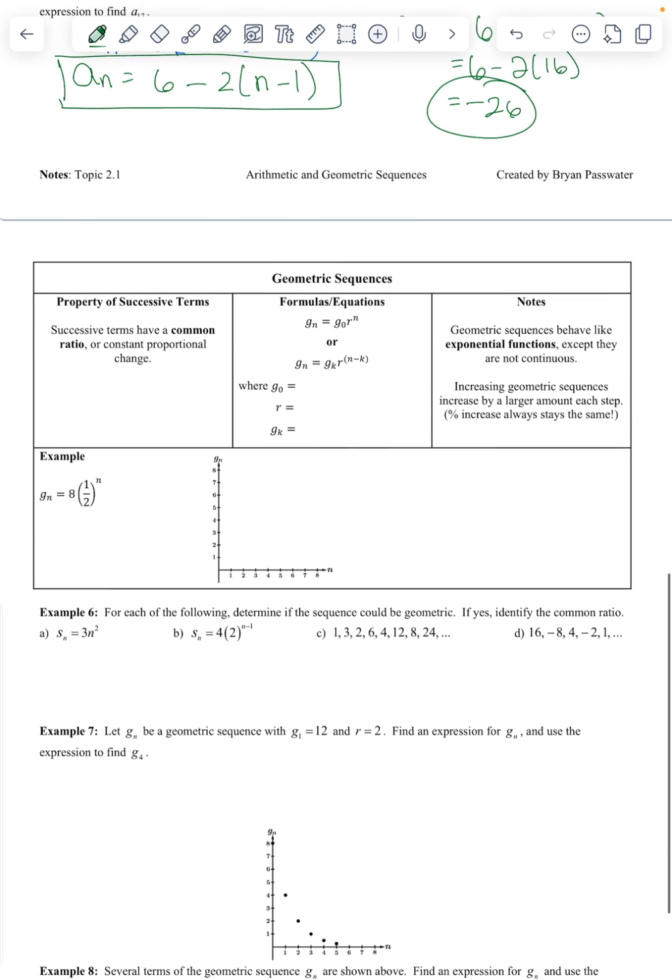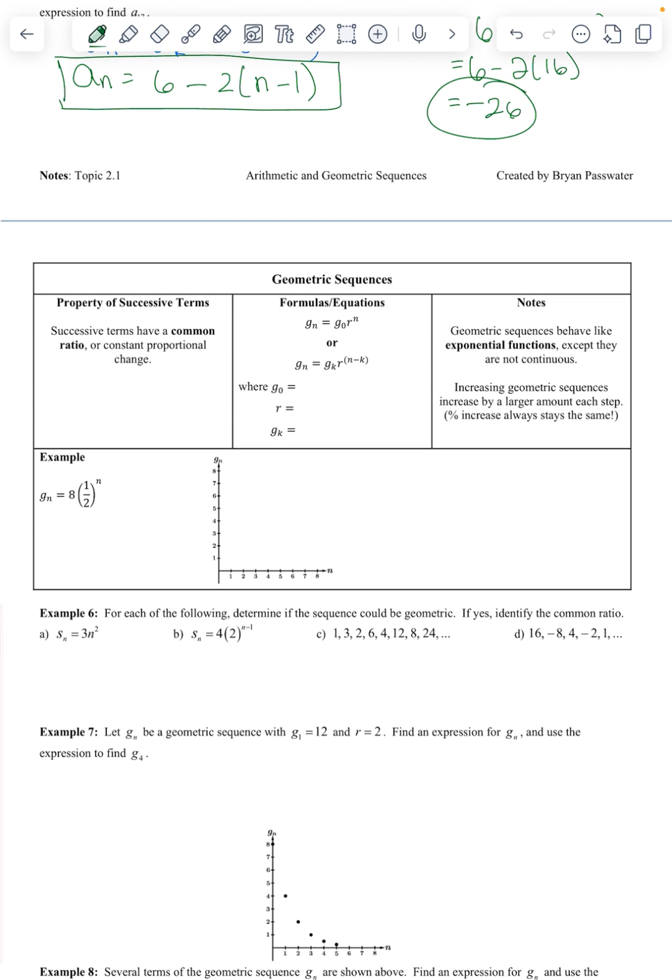All right. The second part of these notes is about geometric sequences. Successive terms have a common ratio or a constant proportional change. So it's no longer a slope, but an exponential change. It's not adding or subtracting, you are multiplying or dividing to get to the next number.